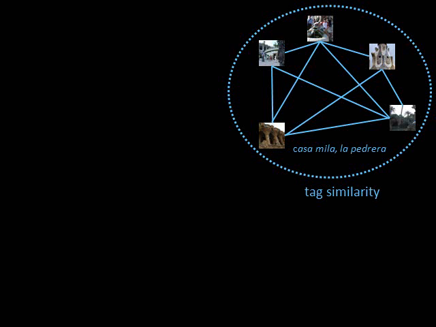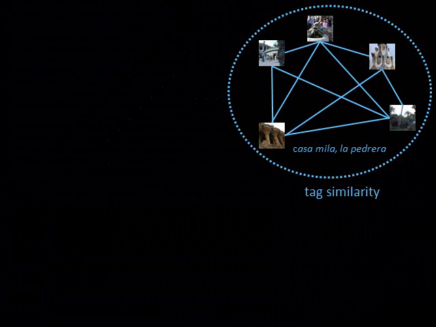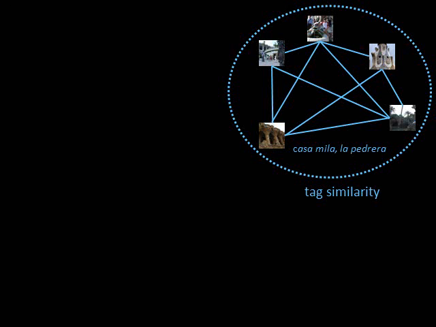There are several measures of tag similarity that one can use. For instance, one could use the co-occurrence of tags across photos. This is a simple and computationally efficient option. Alternatively, for more precise results, one may turn to more sophisticated tag association measures, for example based on latent semantic indexing of the tag space.